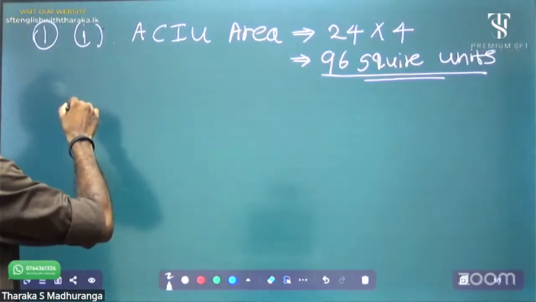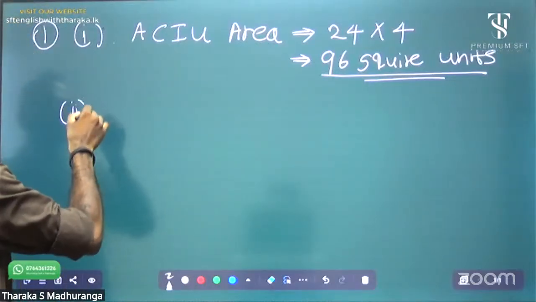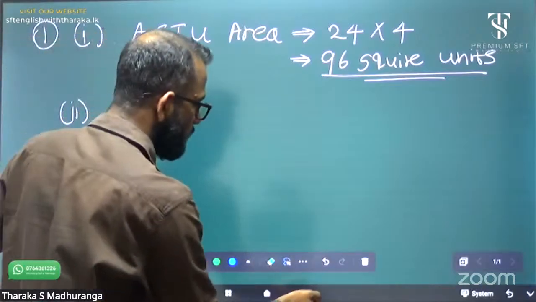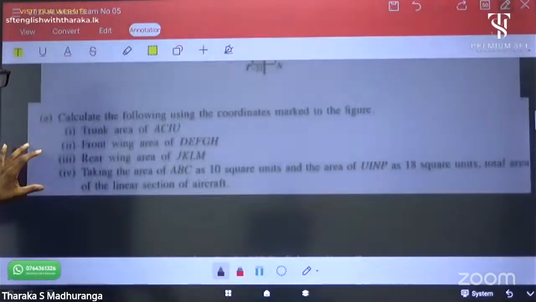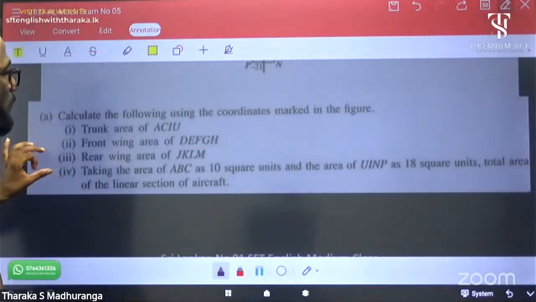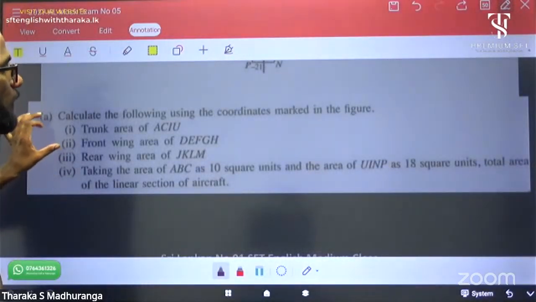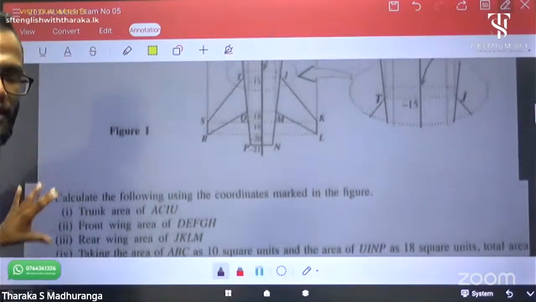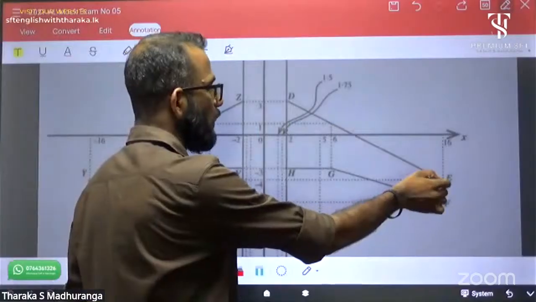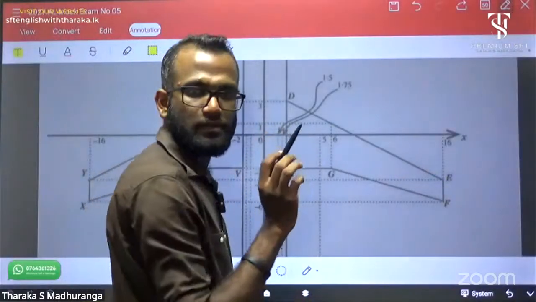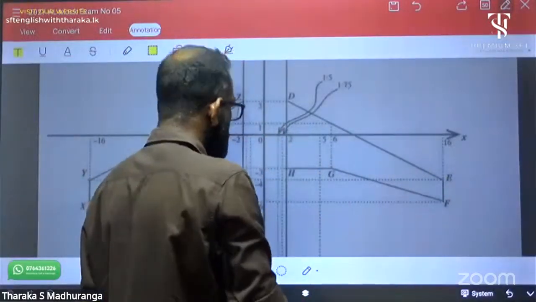Question part 2. The front wing area of DEFGH. It is very simple.